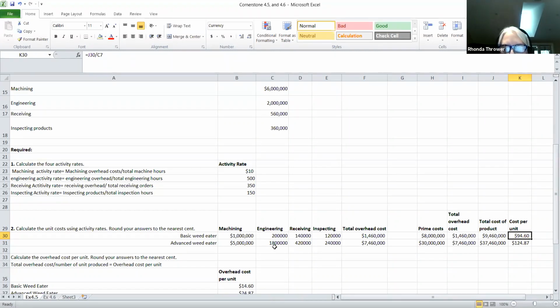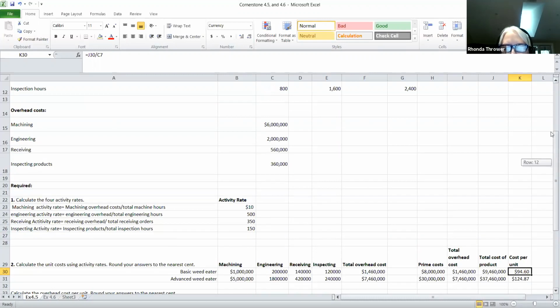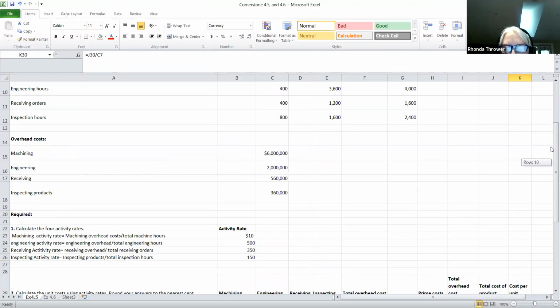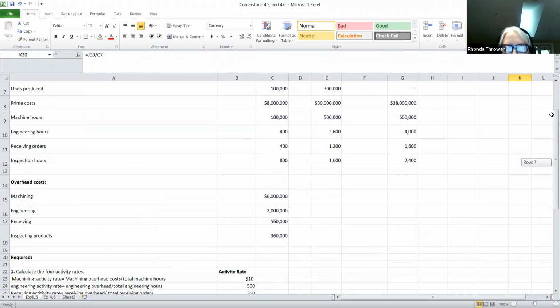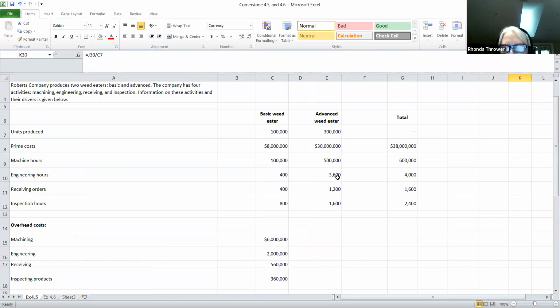So this 1,800,000 for engineering is found by taking the activity rate for engineering, which was 500, and multiplying it by the advanced weed eater's engineering hours, which was 3,600.